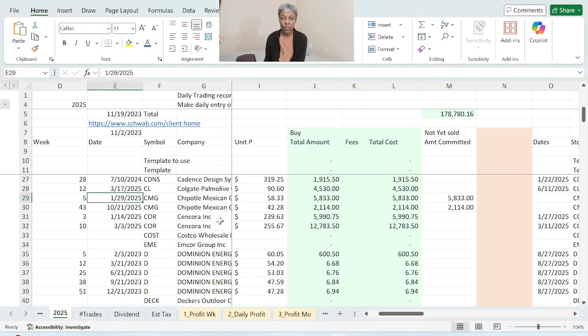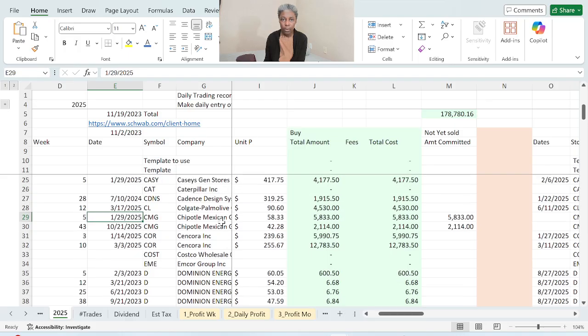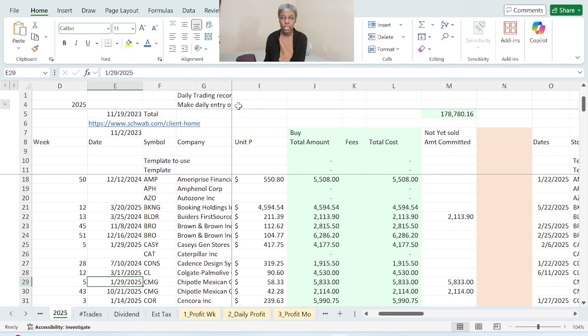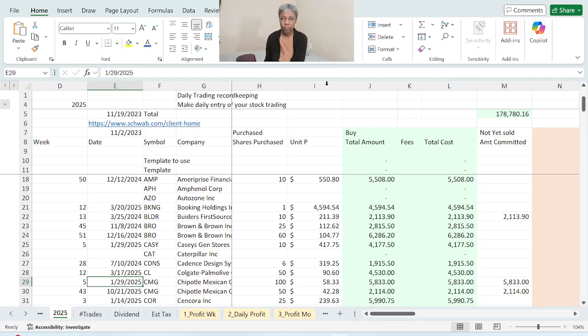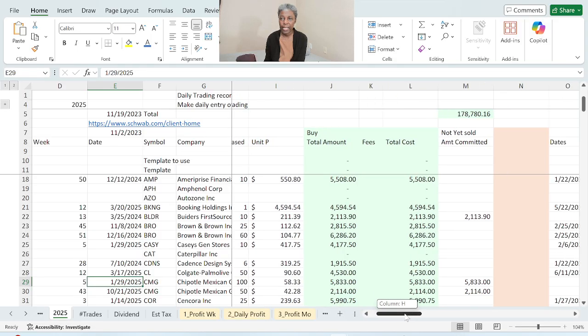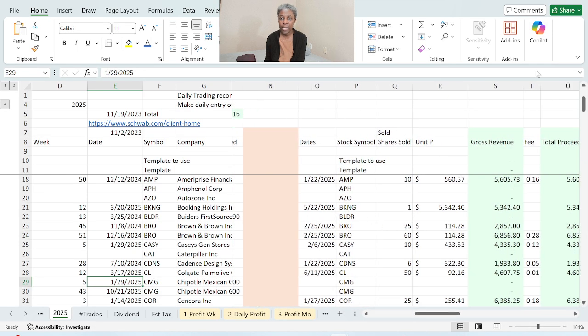So we have our spreadsheet here, and we have one portion, one side is for purchases and the other side is for sales.